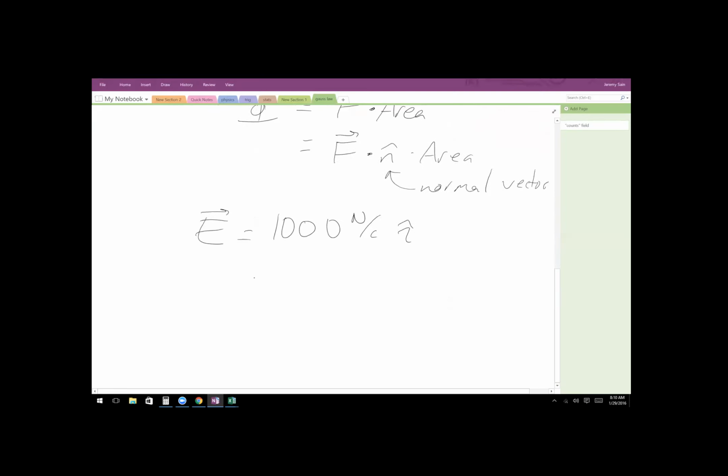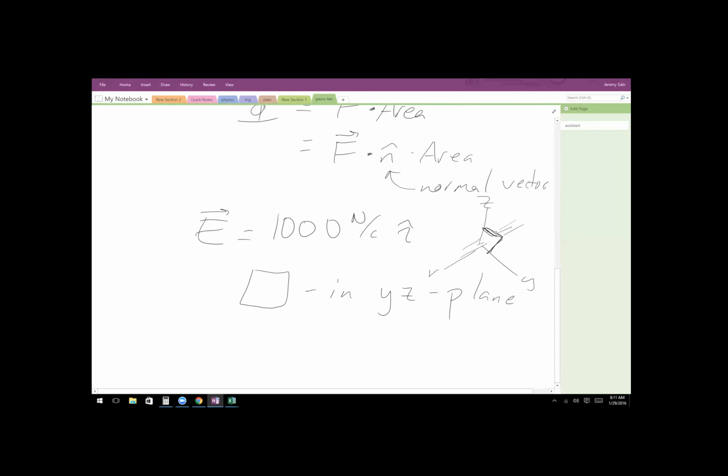And I've got a square in the YZ plane. So if you draw a picture, here's X, here's Y, here's Z. I've got a square like this, and my field is coming straight through it like that.